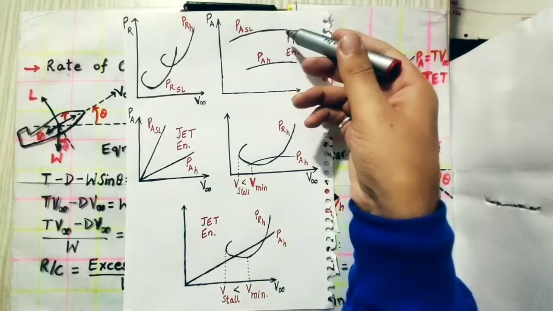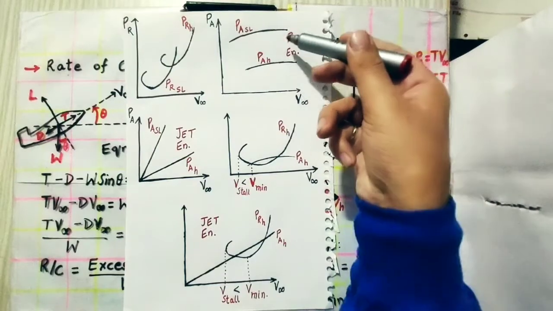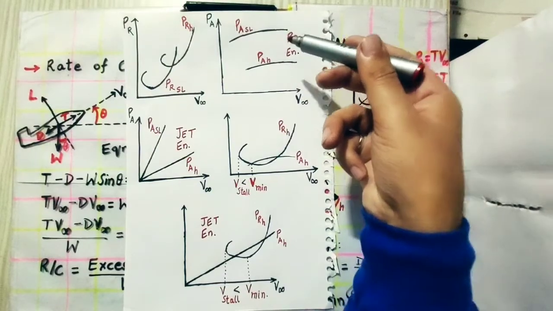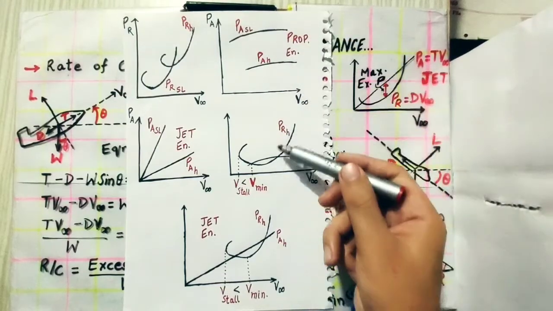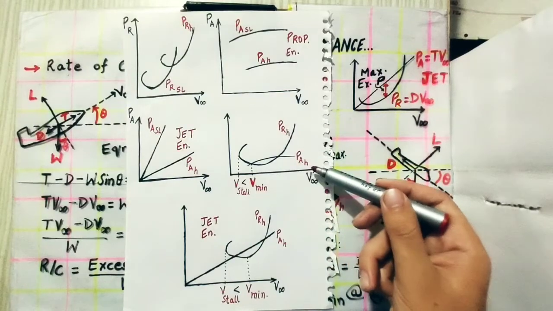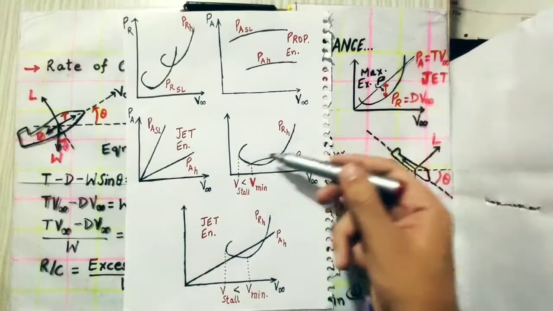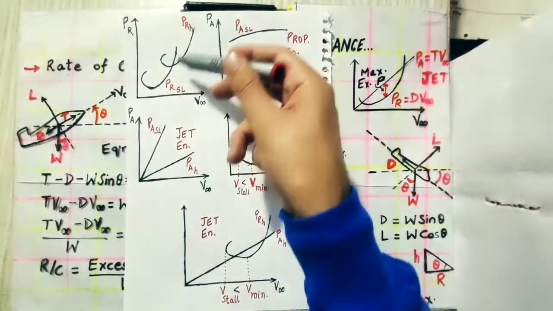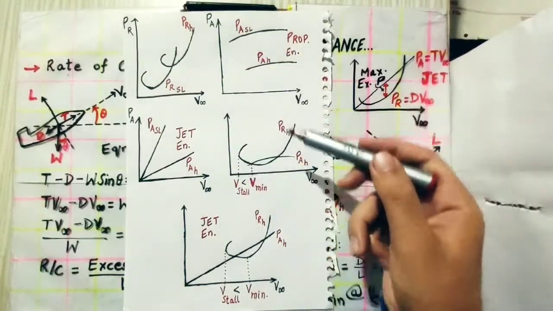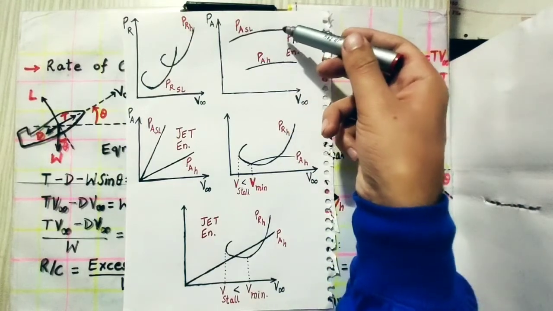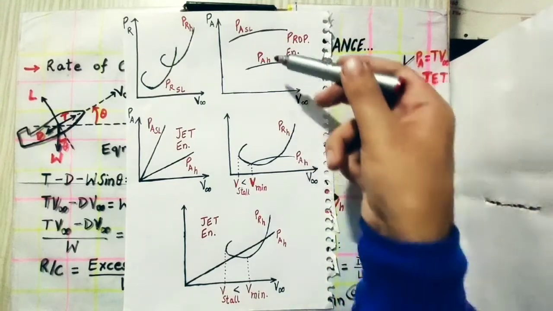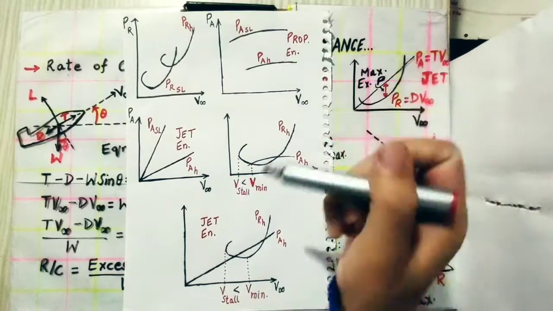And power available for propeller engine decreases, or say is brought down, and shows a decreased power available variation with velocity, which is shown over here, that power available at a height decreases. So this power required curve moves upward. Here it has been moved upward, which is not clearly shown as the difference over here, but consider that it has been moved upward, and the power available at sea level moves down. For this we are seeing that power available has been moved down, for propeller engine we are talking about.